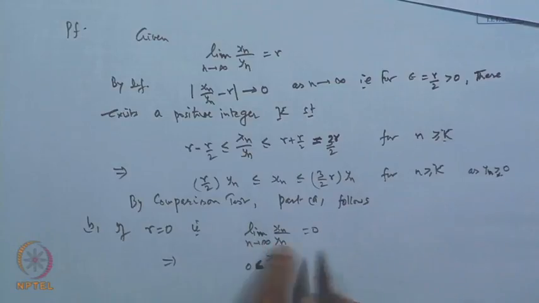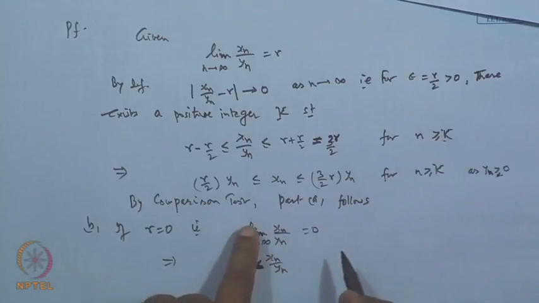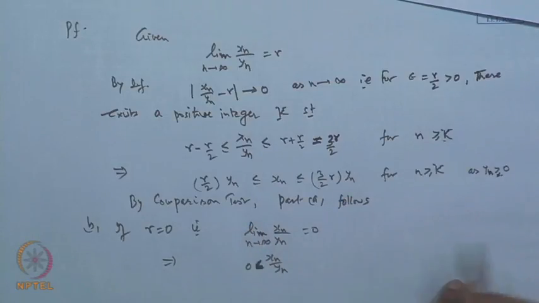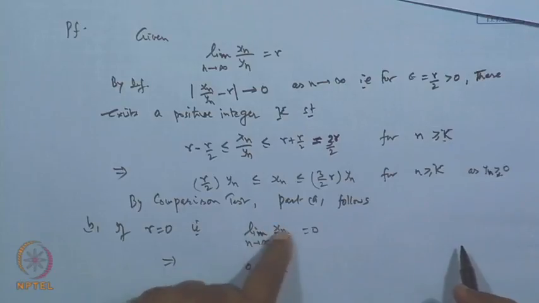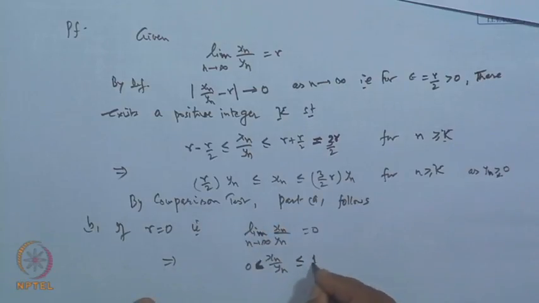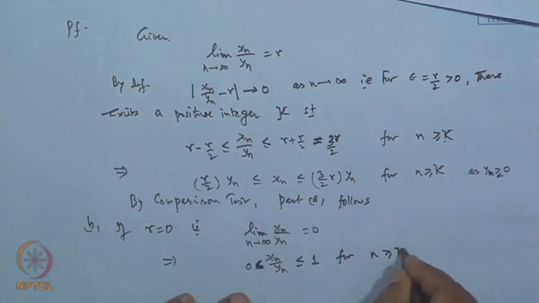Now, since the limiting value is 0, it means the terms keep on decreasing to 0. So after a certain stage, this ratio will remain less than or equal to 1 for n greater than or equal to k, and it is always greater than 0.